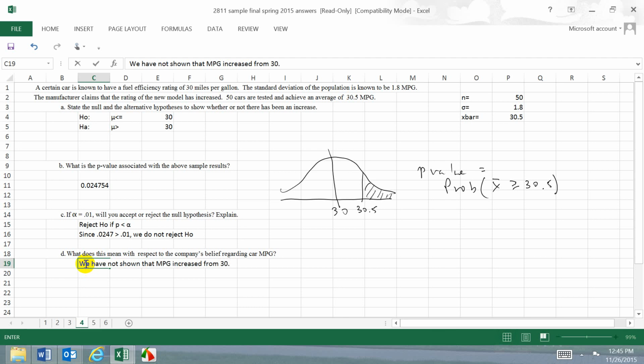Again, if we would have rejected the null hypothesis, we would have shown the alternate to be true, and that would have meant that it increased. So if our p-value was less than 0.01, we would have rejected the null hypothesis and have shown that the MPG increased. Since we're not rejecting the null hypothesis, we're going with that the mean miles per gallon remains 30 or less.